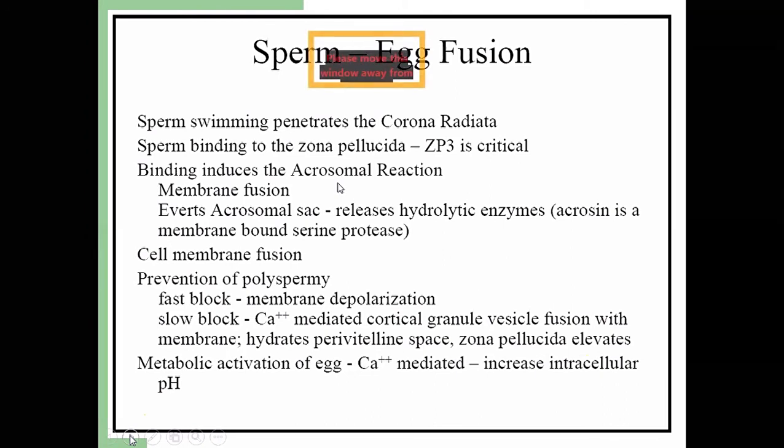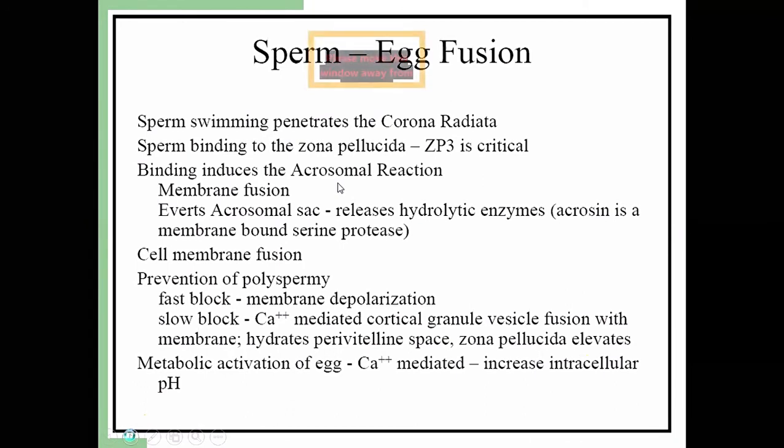And the acrosomal sac will have to release the hydrolytic enzymes so that there will be prevention of polyspermy. That means it will prevent the other sperms from entering through. Okay, it will render the zona pellucida impenetrable to other sperm cells.